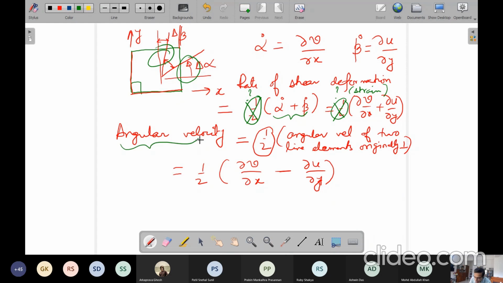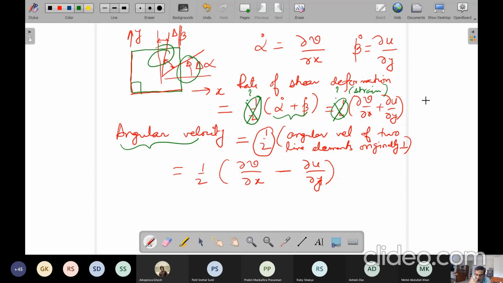Angular velocity, the half factor is more straightforward because we are just averaging the angular velocities of two line elements. Rate of shear deformation, actually we are not averaging anything, and in that way this half factor we will leave apart right now, but we will see how it will come up naturally as a part of a mathematical description.